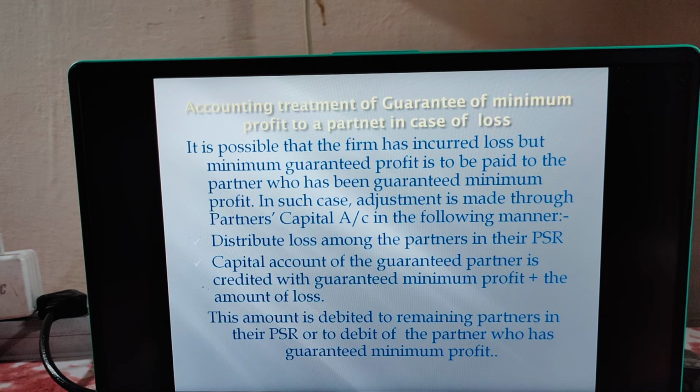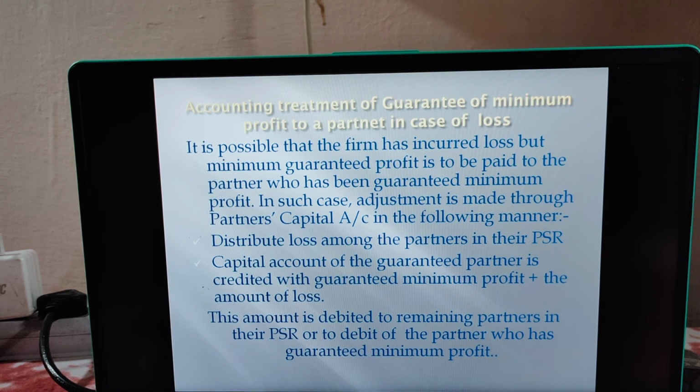In such a case, adjustment is made through the partners' capital accounts. Okay, what you have to do? Distribute loss among all the partners in their PSR, including the guaranteed partner. Okay, the capital account of the guaranteed partner is credited with the guaranteed minimum profit plus the net amount of loss. So this amount is debited to the remaining partners in their PSR.